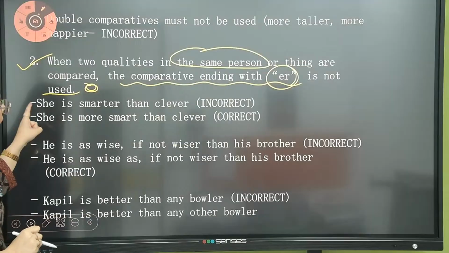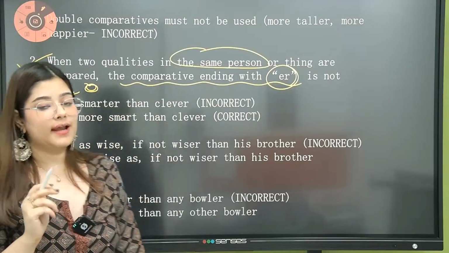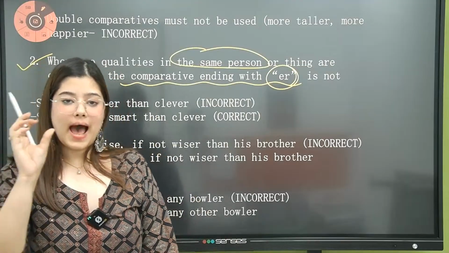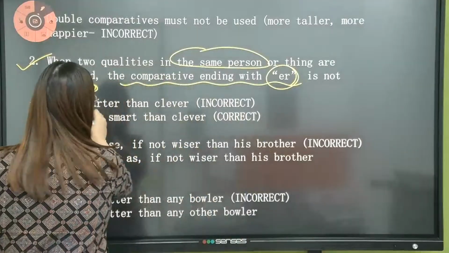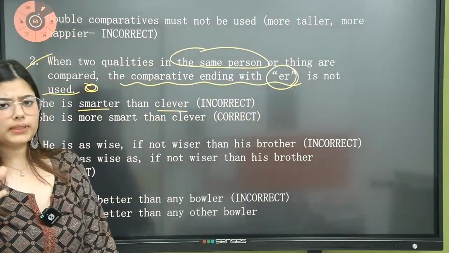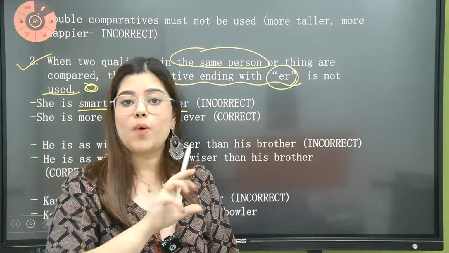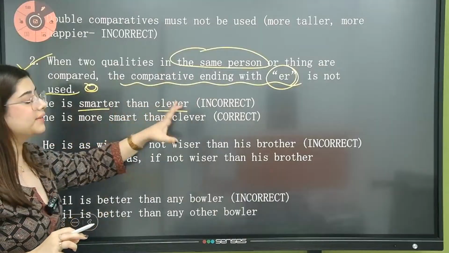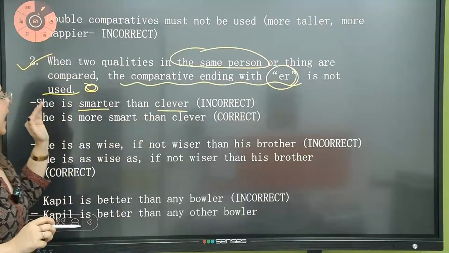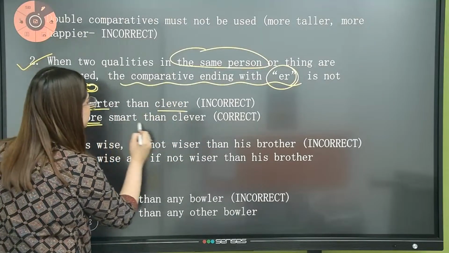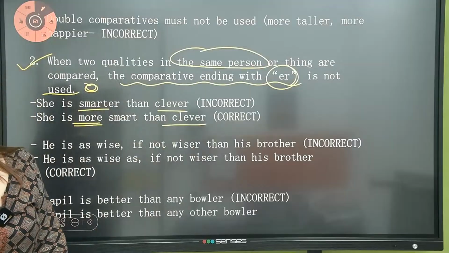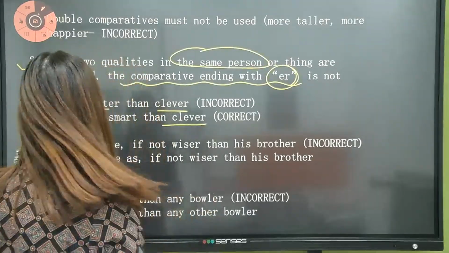I will not say she is smarter than clever, because these are two qualities of the same person, being smart and being clever. This would be incorrect. I would say she is more smart than clever.